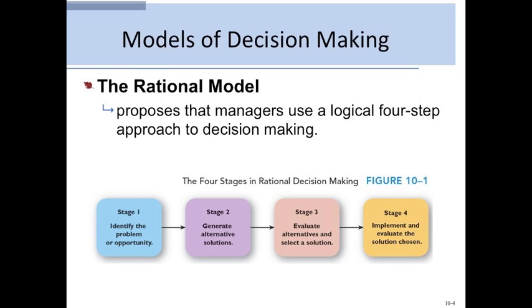It goes from stage one, where we identify the problem or the opportunity that we want to address, the issue, if you will, to stage two, generating alternative solutions, potential approaches to resolving the issue. Three is where we actually evaluate the alternatives. We try to determine which one is better prioritized. And then four is actual implementation. So there is a methodical, logical, sequential approach to rational decision making, again assuming that the manager wants to make the most optimal decision that he or she can.